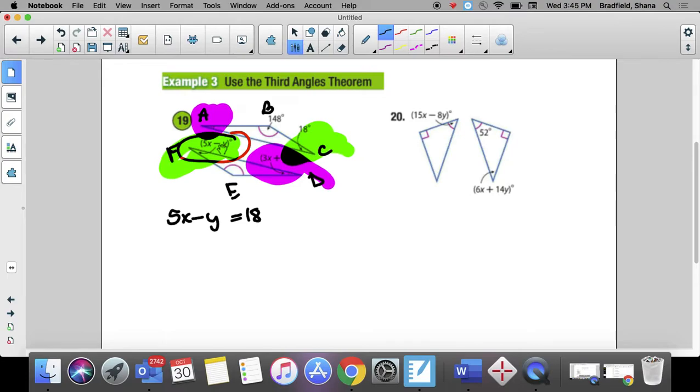I know that triangle ABC has to add up to 180, and B and C we already know, so we should be able to find angle A. Measure of angle A plus 148 plus 18 equals 180.